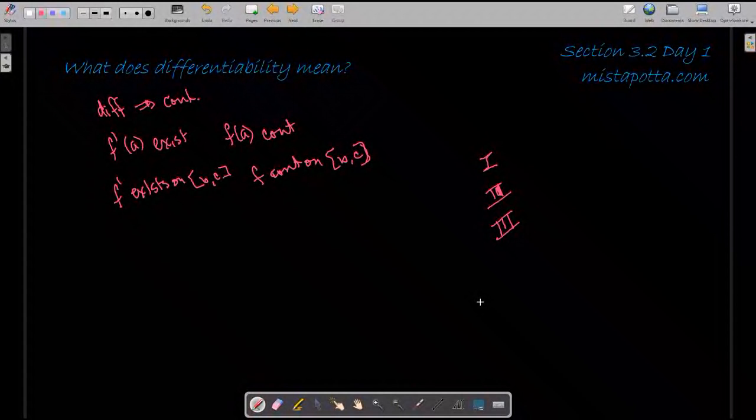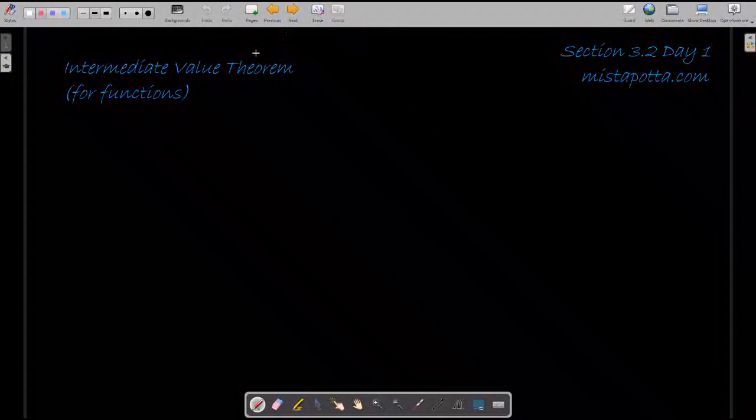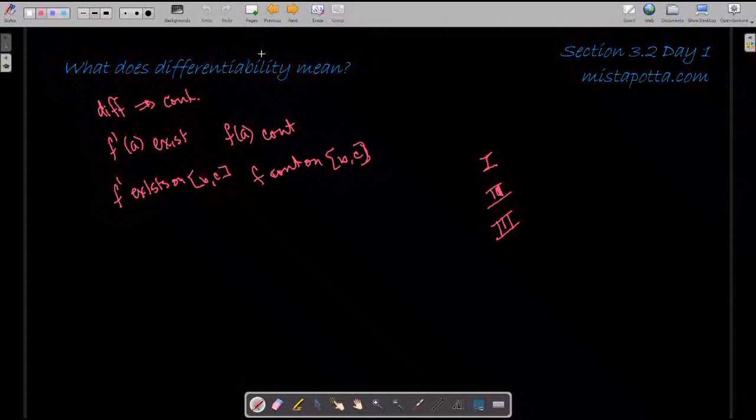So there are two ideas that we get out of this relationship between continuity and differentiability. The fact that differentiability implies continuity. And by the way, the converse is not true.